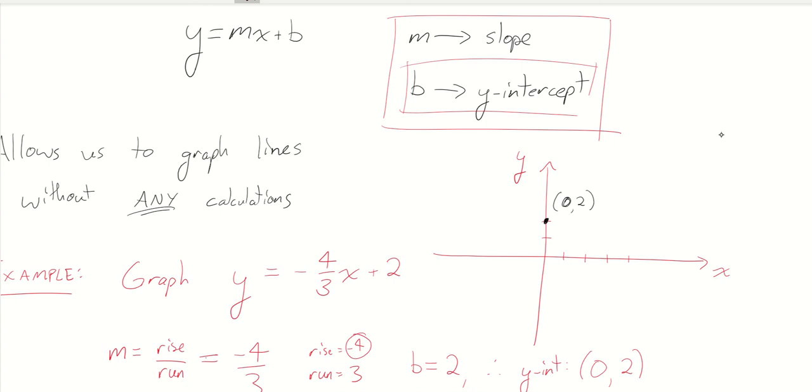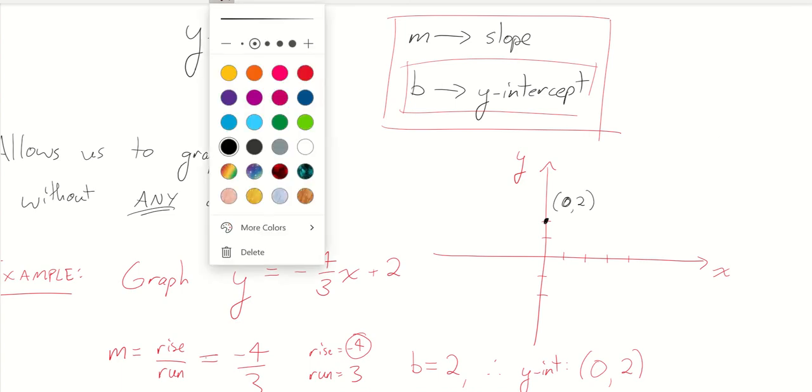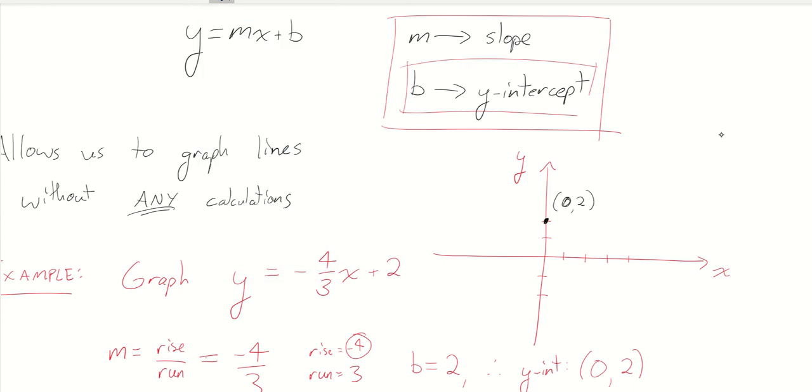Because it's -4, we'd have to go down by 1, 2, 3, 4. So we're going to need 2 more tick marks on our y-axis. So we go down by, let's do another color here, 1, 2, 3, 4. So that's our rise.